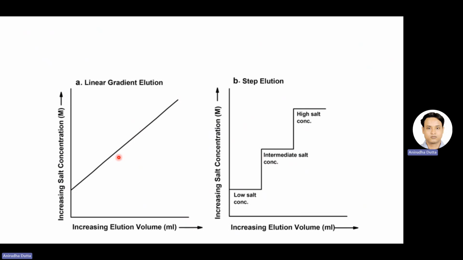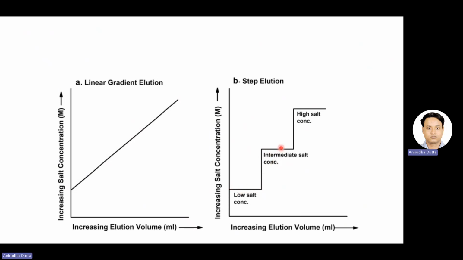Definitely for a linear gradient, we'll get a sharper peak and better resolution, because whenever we are running an intermediate salt concentration for a longer time, suppose there is some protein which has an affinity such that it might get eluted at a salt concentration that is in between these two steps.